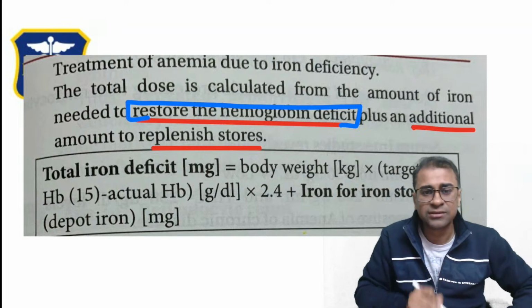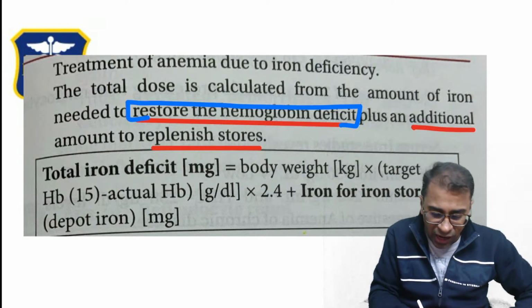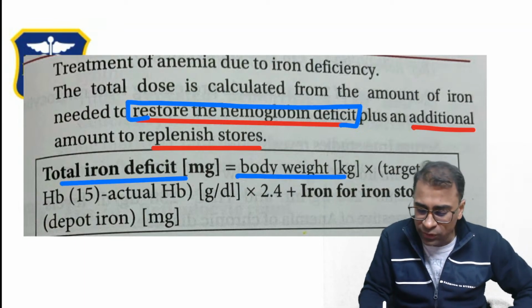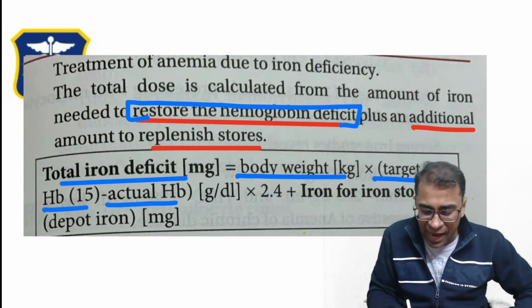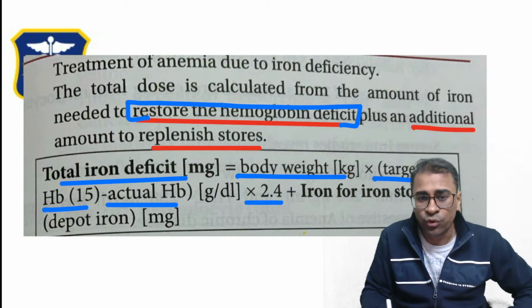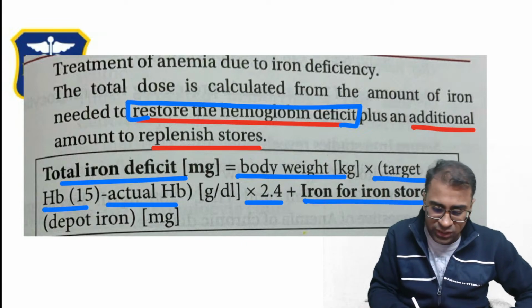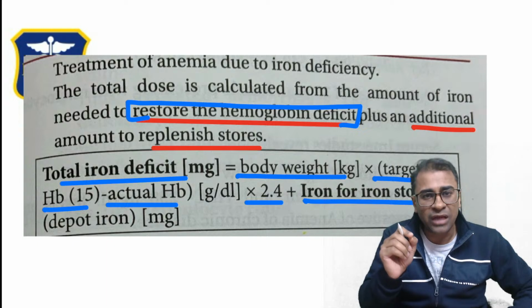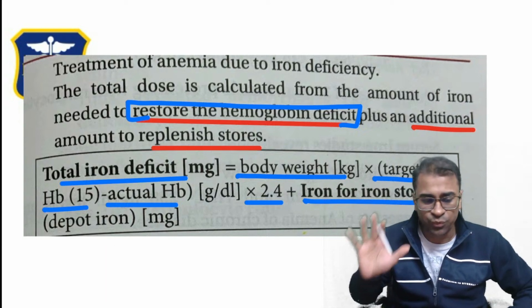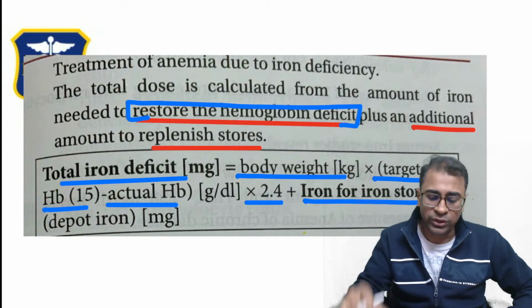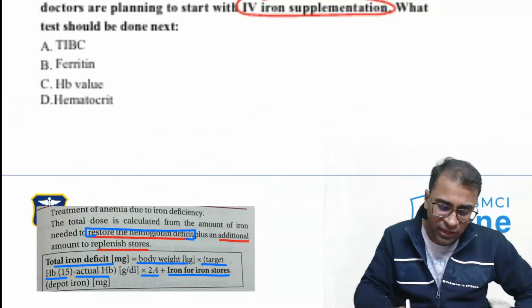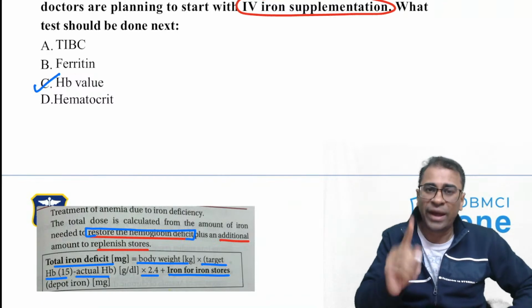The answer is iron deficit is equal to body weight multiplied by target hemoglobin minus actual hemoglobin into 2.4 plus iron for stores, which usually is 1000 milligram. And therefore in this case, what you should do is first go and estimate the hemoglobin value. Why? Please समझो.